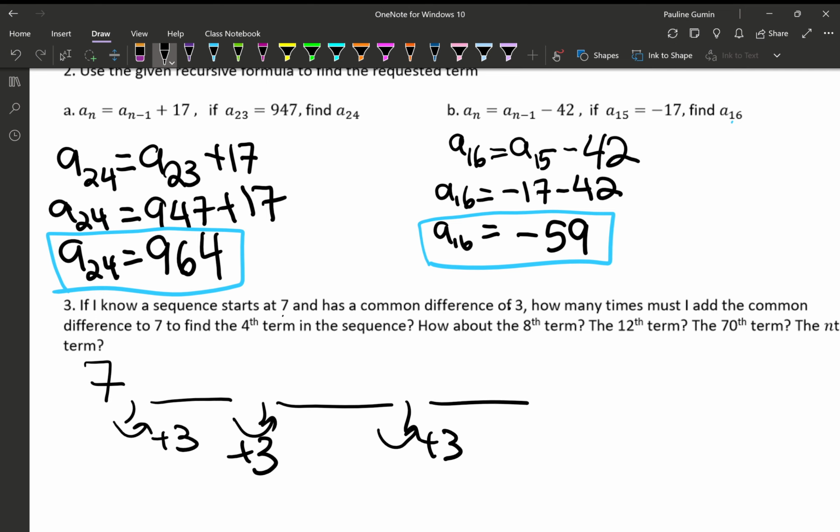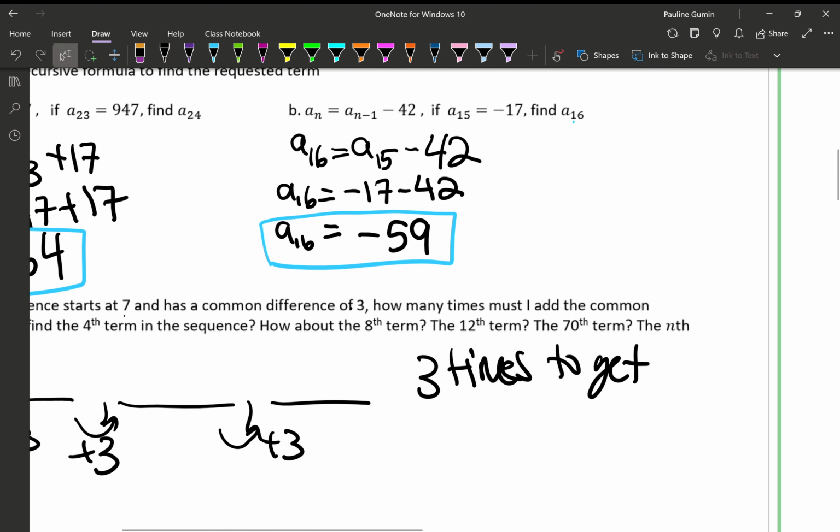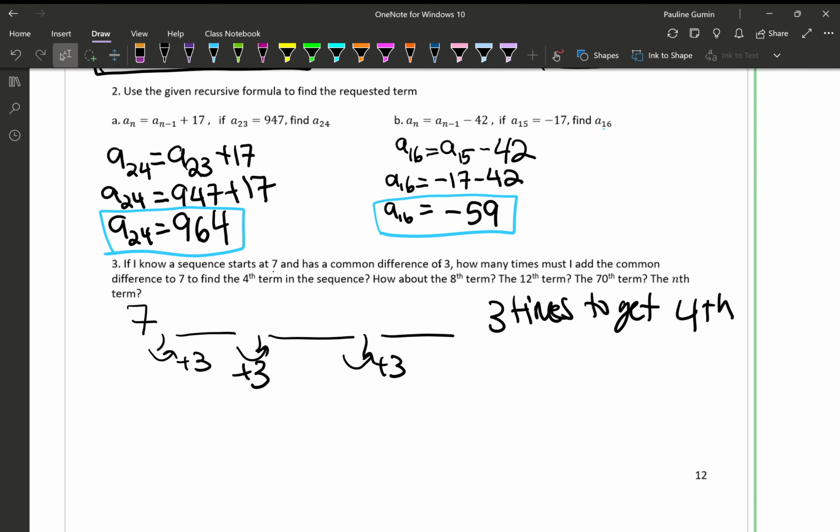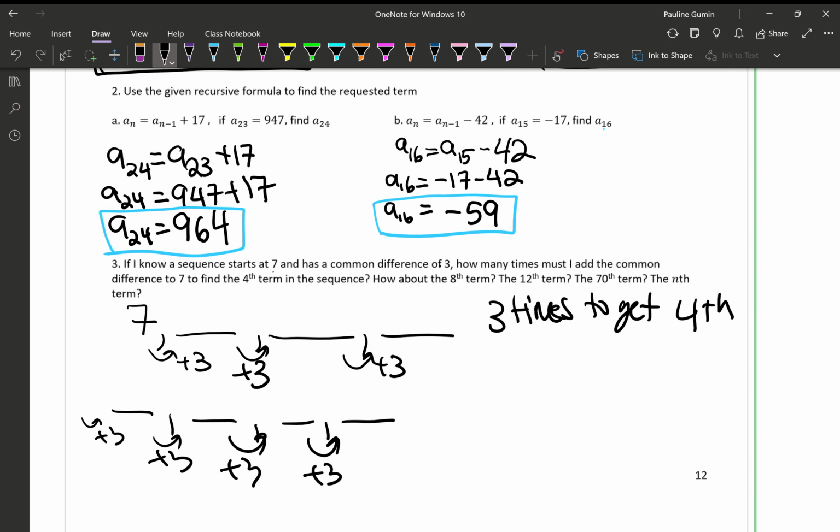To get to the 4th term, 3 times. To get to the 8th term, that's 4, we add 3 again, 5, 6, 7, 8. Oh, that's 7 times. 7 times to get to the 8th.